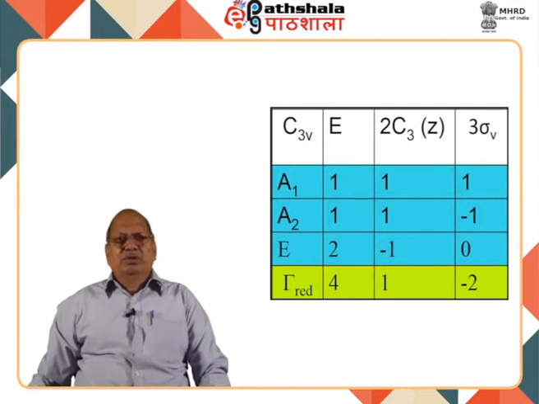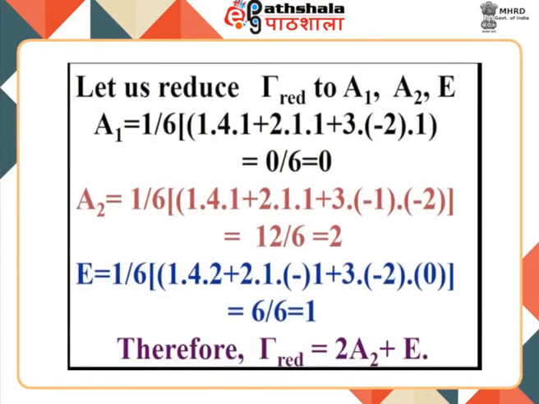I want to reduce this tau reducible, 4, 1, minus 2, into A1, A2 and E. Let us use equation 1 and reduce tau reducible to A1, A2 and E. A1 is 1 by 6 within bracket 1 into 4 into 1 plus 2 into 1 into 1 plus 3 into minus 2 into 1, that is 0 by 6, that is 0.